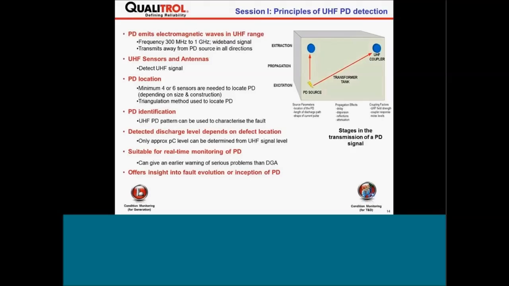Identification also, the pattern by phase resolving the PD activity to the power frequency of the transformer, then we can characterize the fault, say what type of defect it is. At the moment we're building up our database on this.